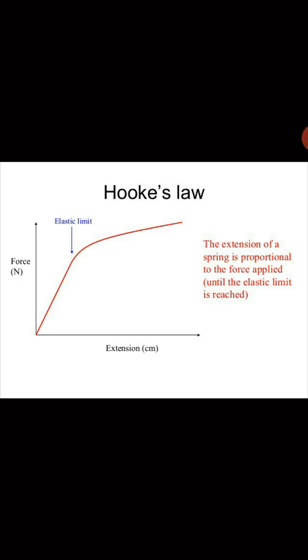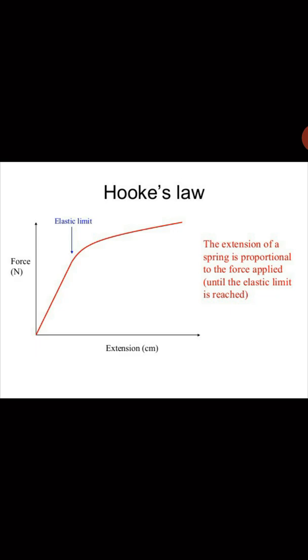Let's see how the graph of elastic limit looks on a spring. If you plot a graph of force versus extension on a spring along with the elastic limit, initially the graph is a straight line. That means as force was increasing, the extension was also increasing.